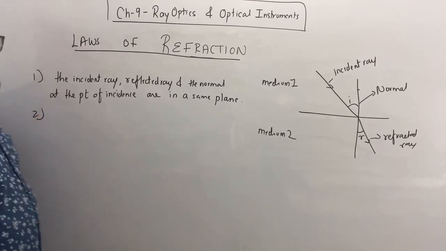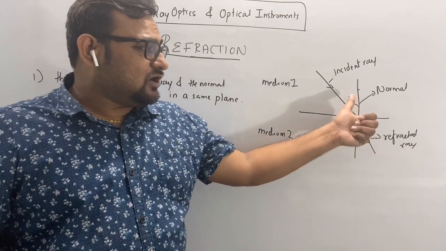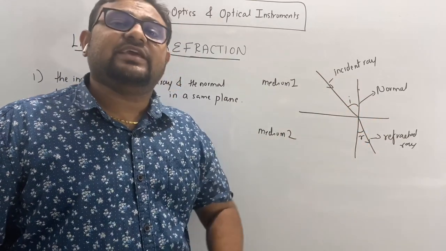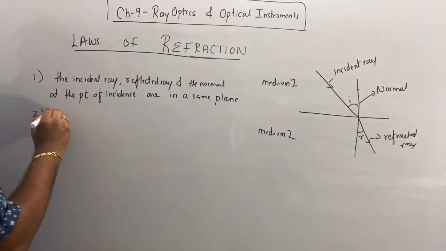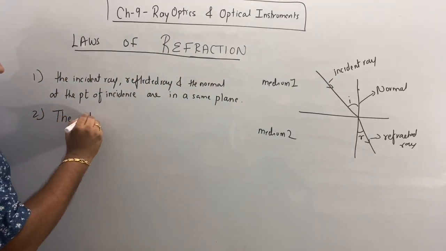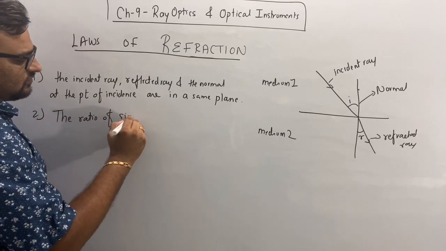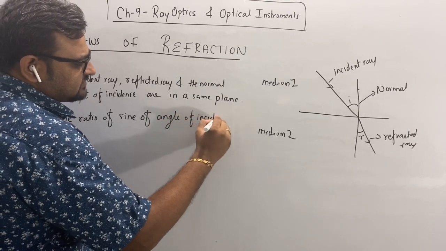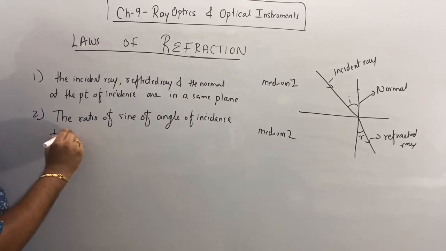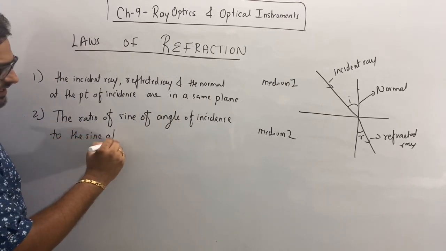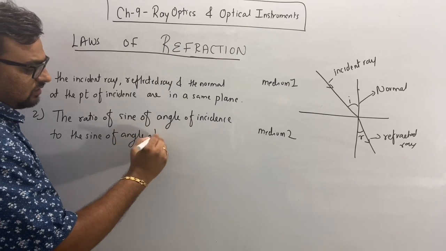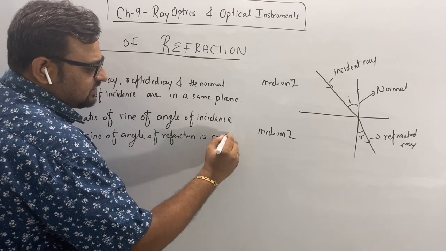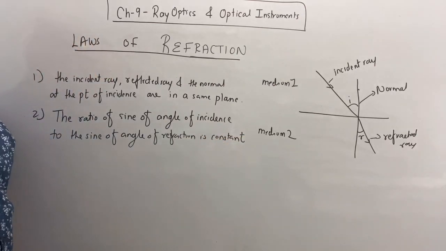Second, the ratio of the sine of the angle of incidence to the sine of the angle of refraction is constant. So what does this mean?